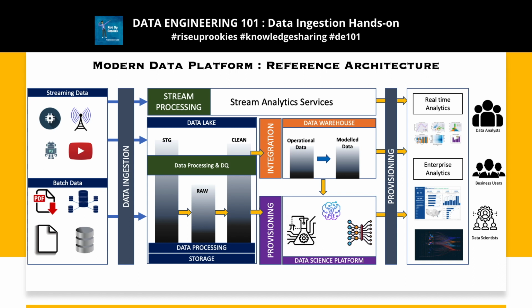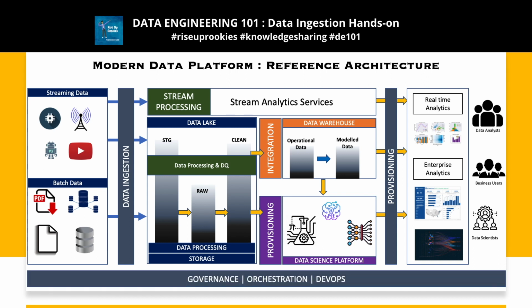So this is a very simplified form of a data architecture, where we have a governance layer which covers the entire life cycle, right from your ingestion till your consumption. Governance is nothing but governing the data, the policies, the access, the roles, and ensuring the quality of the data. All this will come under governance.